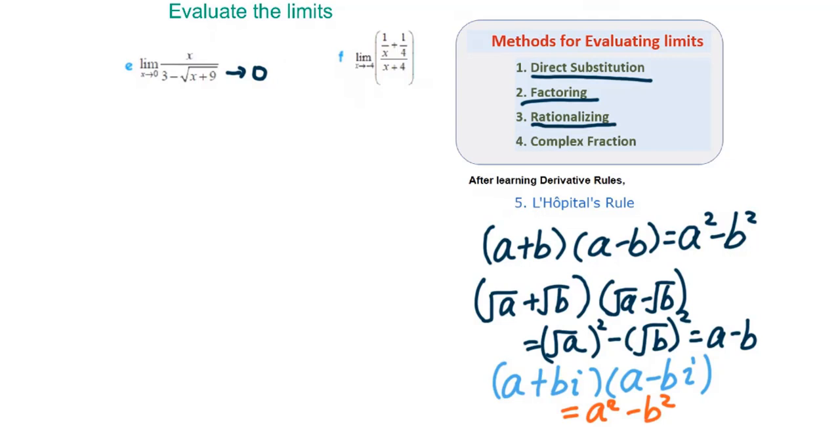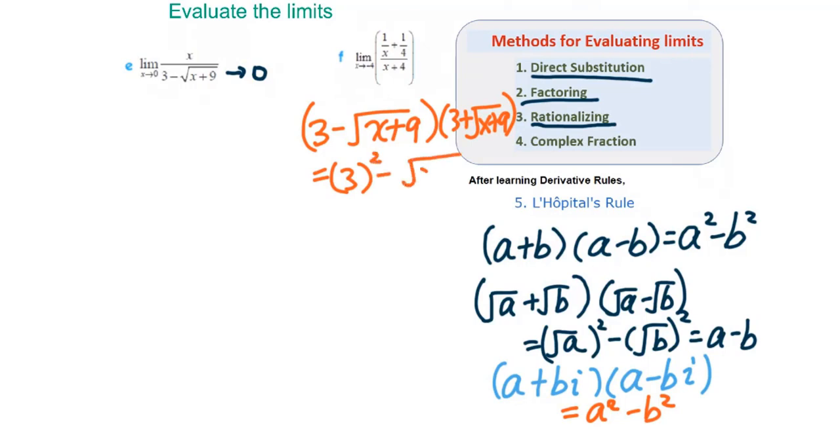So for this denominator, you have 3 minus square root of x plus 9. The conjugate will be 3 plus square root of x plus 9. So that you will get 3 squared minus the square root of x plus 9 squared. 9 minus (x plus 9).